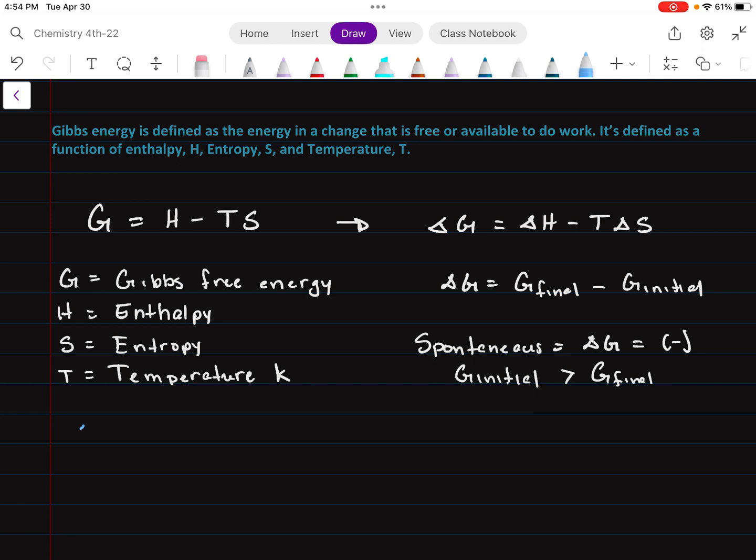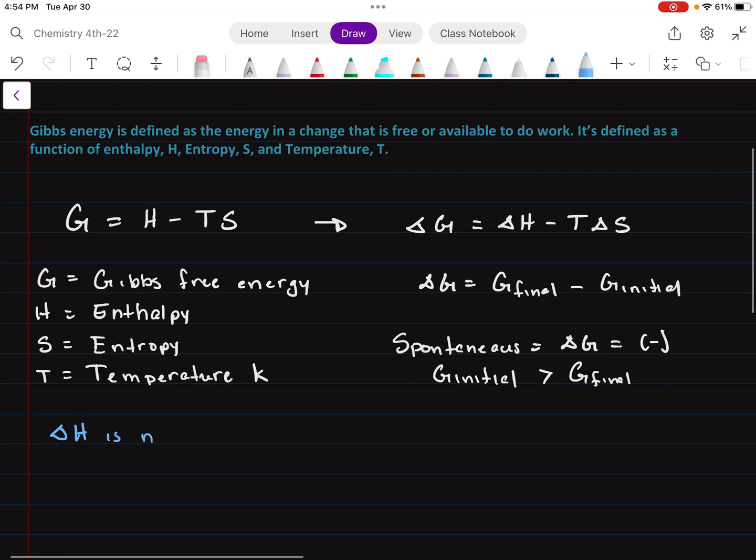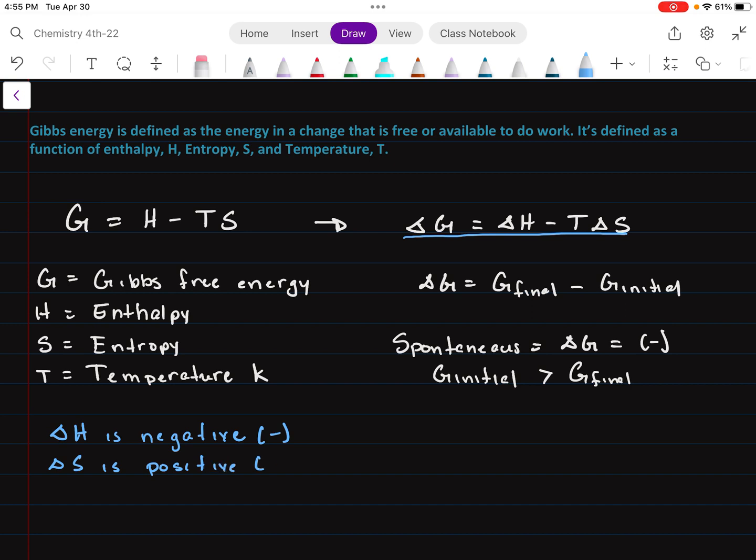If I have delta H, here's what this is telling us. If delta H is negative, and if delta S is positive, then delta G equals delta H minus T delta S, right?